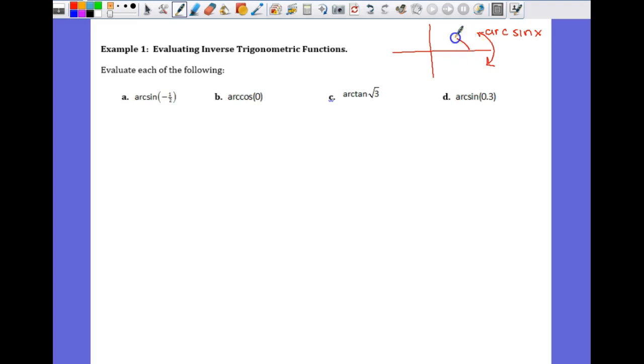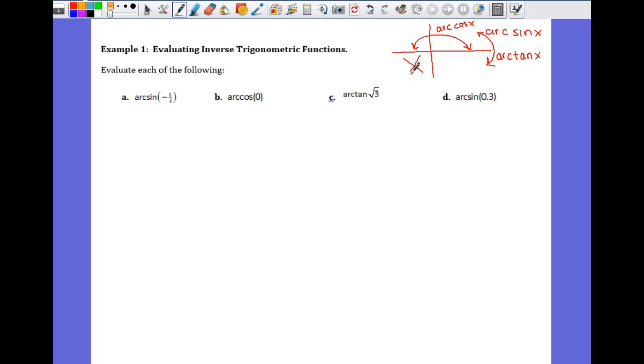Arc cosine can only live in 1 or 2. Arctangent is like arc sine. It can also only live in 1 and 4.